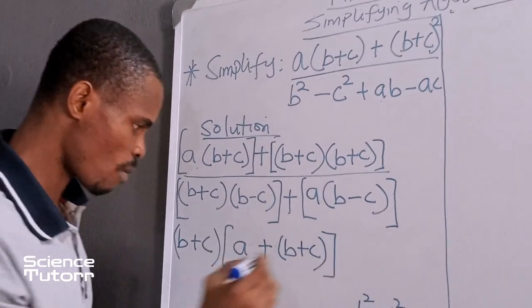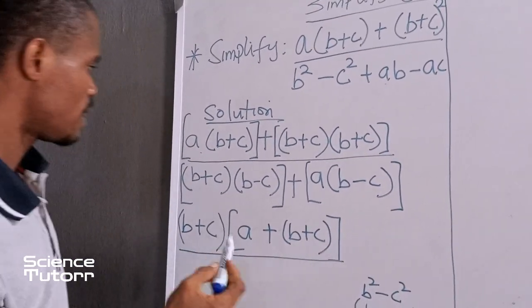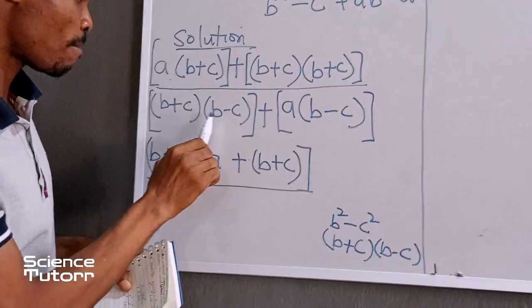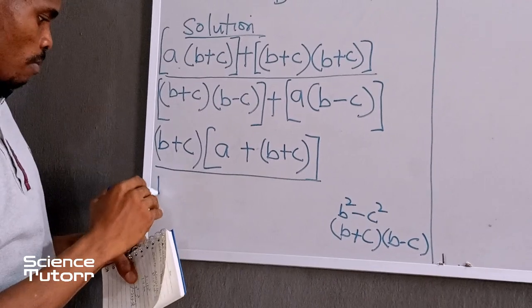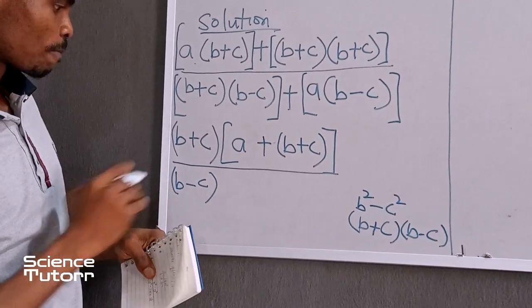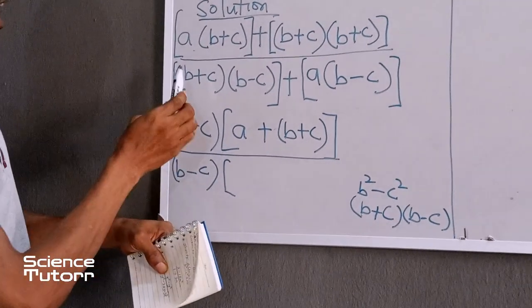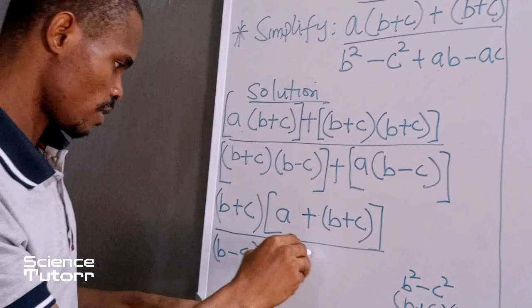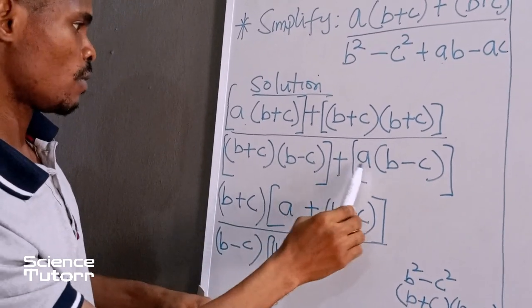This is a simplified form of it, divided by, I look at these two boxes, I have B minus C here, B minus C here. So it becomes a like term, B minus C, enclosed in bracket. So what is left? I have B plus C, B plus C in one bracket, and then what is left here?